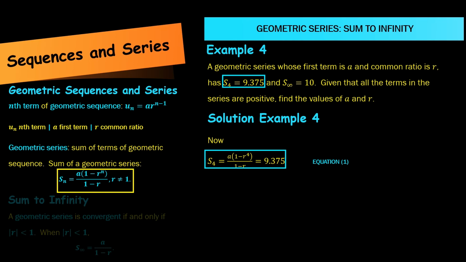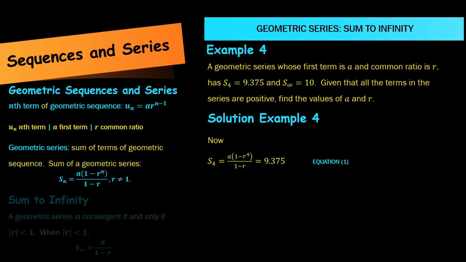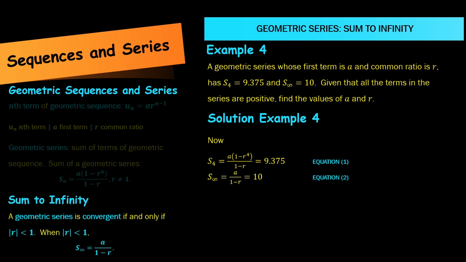We're going to call this equation 1. We also have that S subscript infinity equals a over 1 minus r. And in our example, this is equal to 10. So a over 1 minus r equals 10. And we're going to call this equation 2.